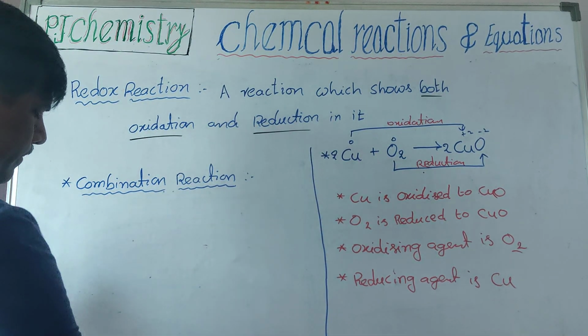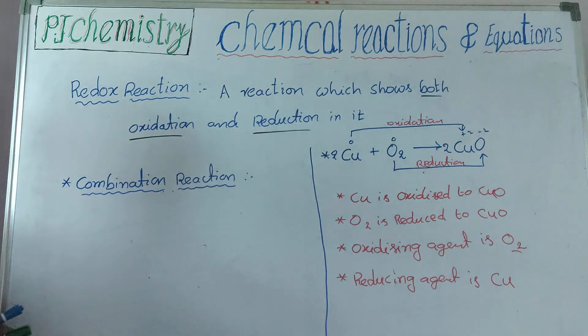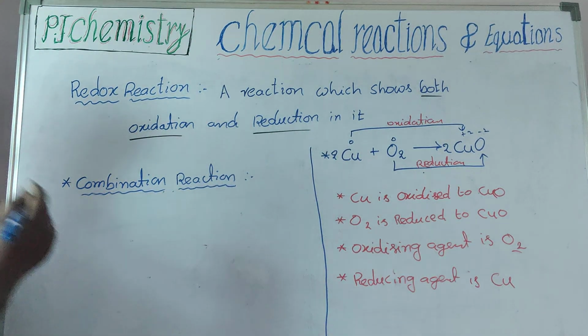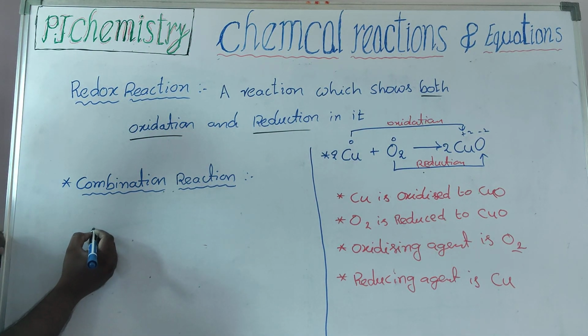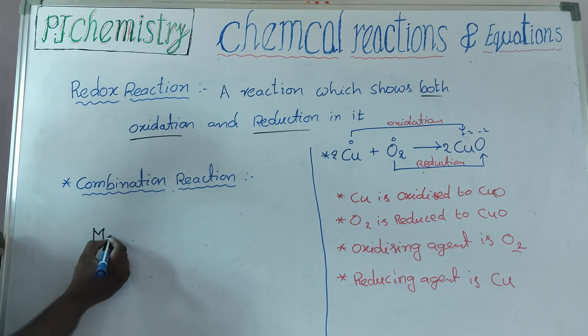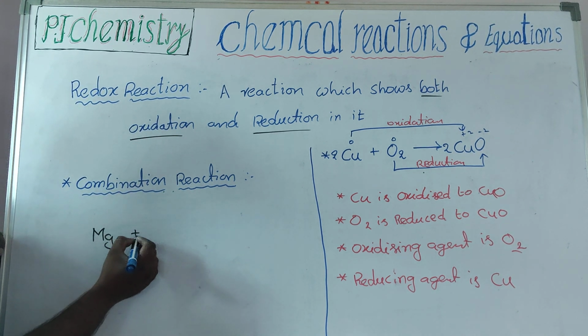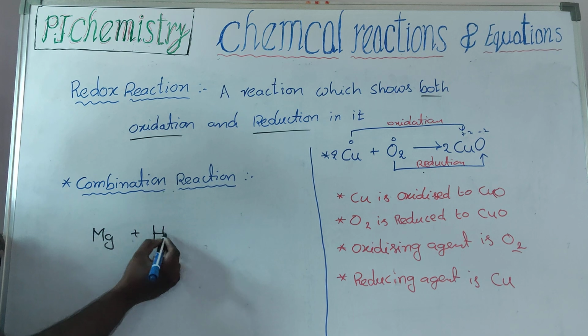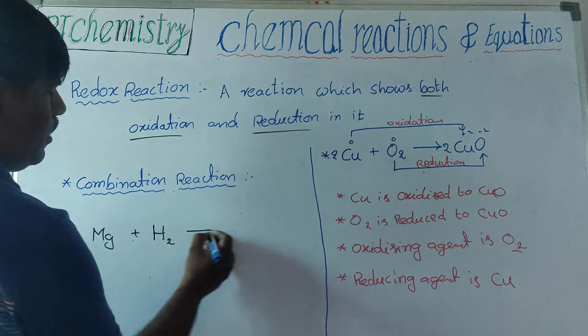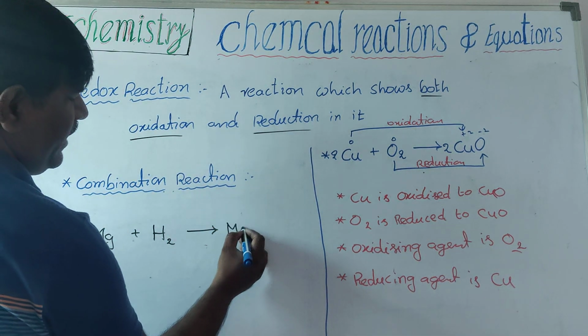Next, magnesium plus hydrogen forms magnesium hydride.